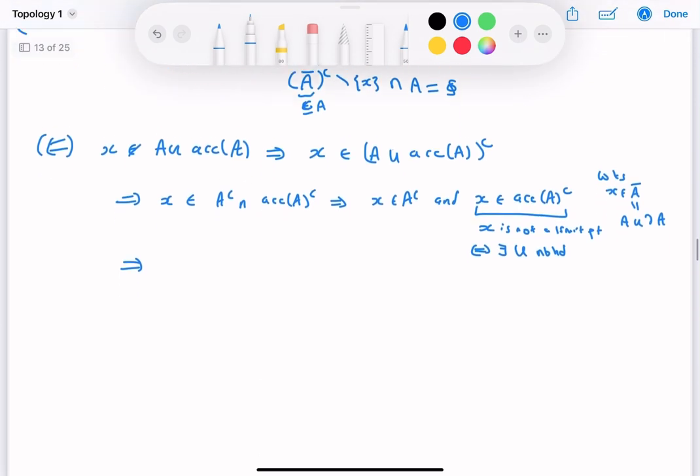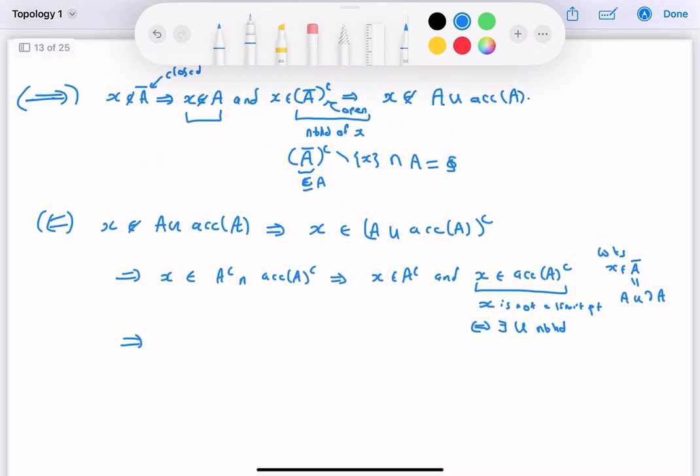But what does that mean? This means that there is a neighborhood where if I delete x from it, I don't intersect A. In other words, this is the same as saying that there is a neighborhood of x such that it's entirely, well, first of all, it's contained like this in A complement, but x itself is in A complement.